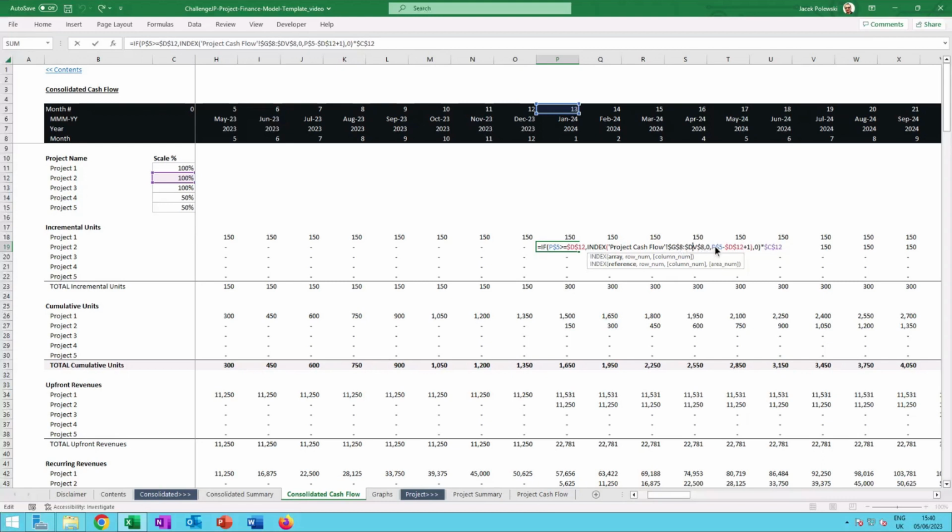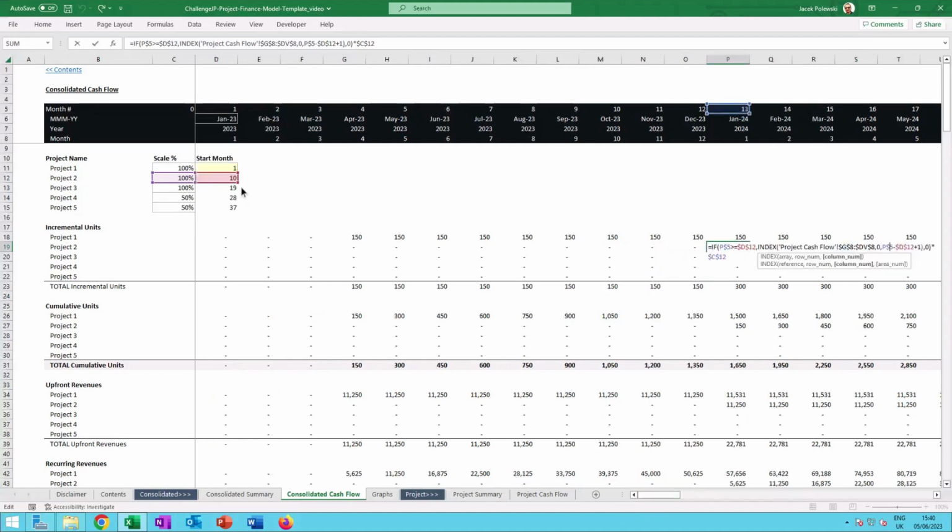And when it says row 0, it's basically saying that we'll stay on the same row. Then take the number 13, which is the number here, minus the D12, which is 10. So take the column 3, so 13 minus 10, plus 1.